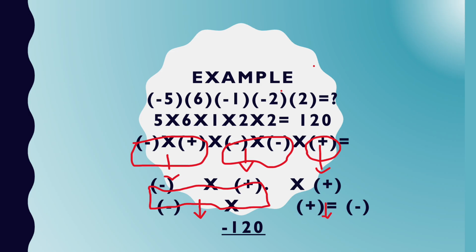Now I am going to multiply this. What is the first set? Minus, multiply by plus. Remember, when you multiply the different sign together, the answer is always minus. So in here, what is the answer? Minus.